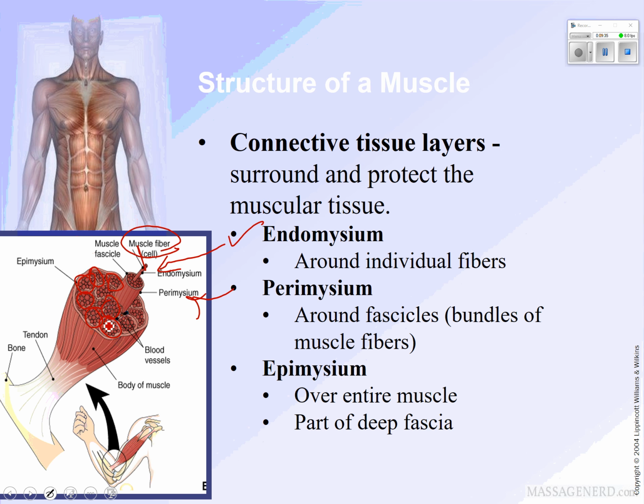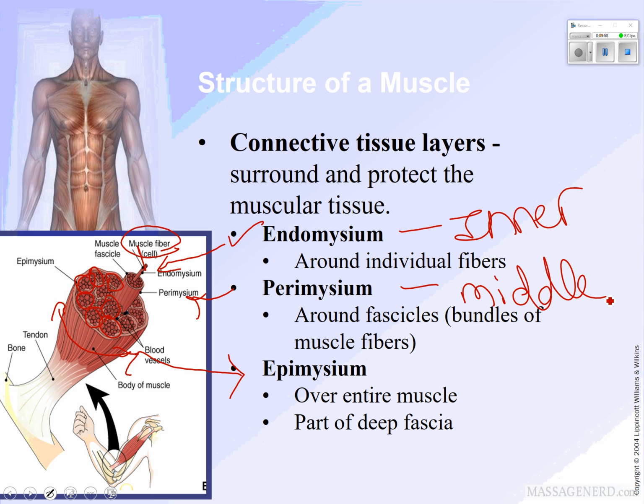Those bundles are going to be covered by a connective tissue as well, and that one is your epimysium, and it covers the entire muscle as part of the deep fascia. So just remember, the endomysium is the inner layer, the perimysium is going to be the middle layer, and the epimysium is going to be the outer one. It's going to cover the whole muscle.